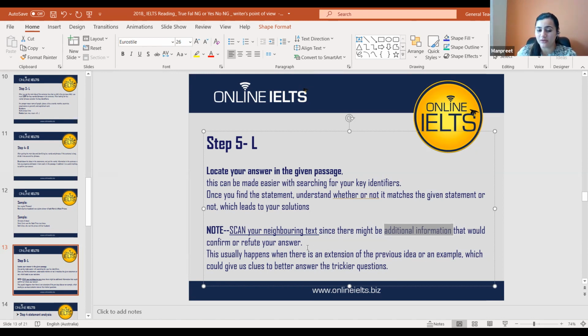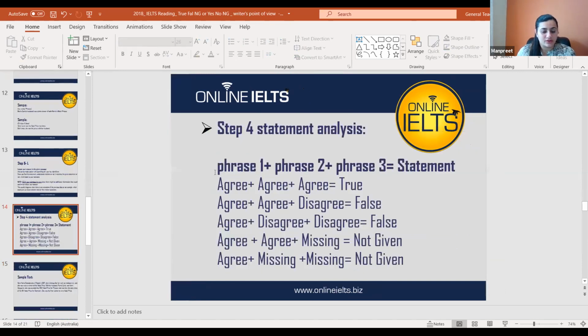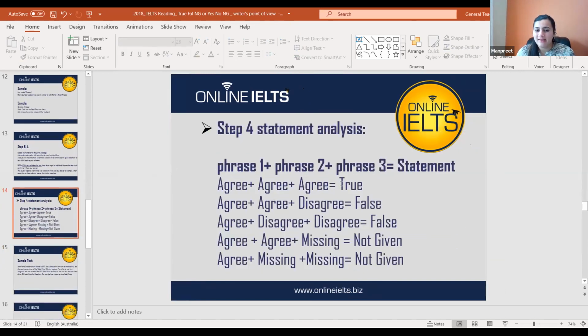So always confirm it rather than marking it wrong. There's no negative marking even if you mark your answer wrong, but we need points. We need to get a good score. So do your best. And in case you cannot find anything, since there's no negative marking, just guess it and move on. All right. That was it for your true, false, not given.